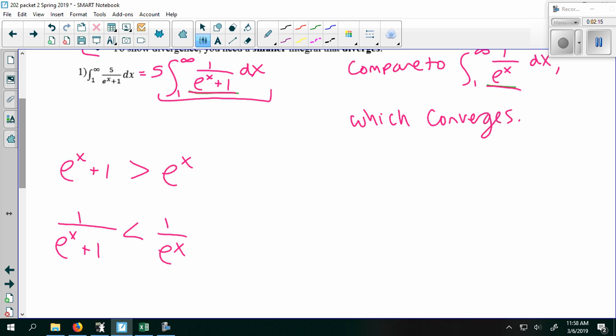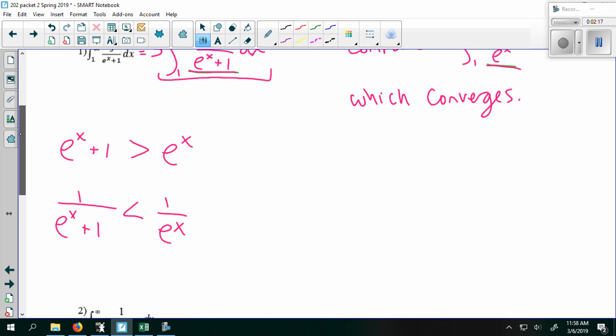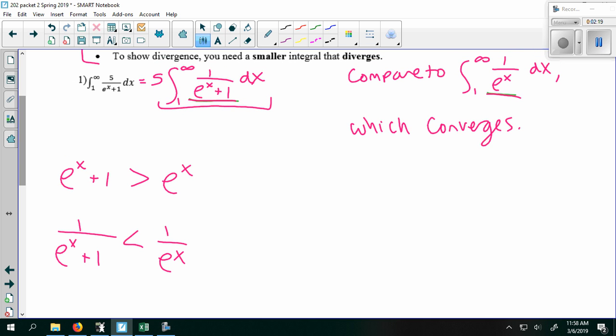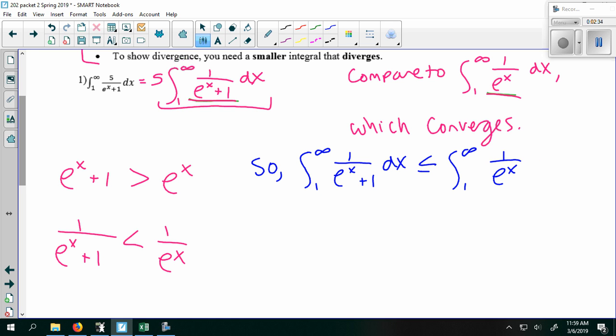So let's write out a sentence of what we have here. I'll do it over here. So the integral from 1 to infinity of 1 over e to the x plus 1 dx is smaller than the integral from 1 to infinity of 1 over e to the x dx, which is finite, right?